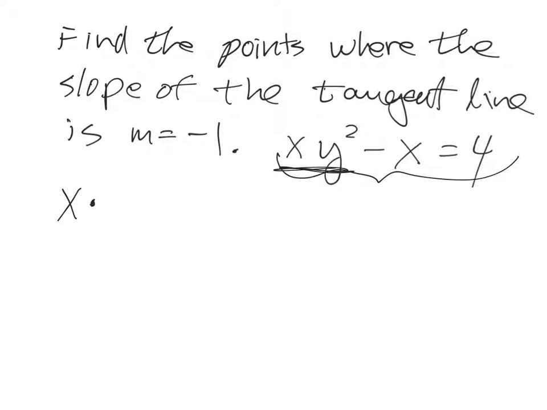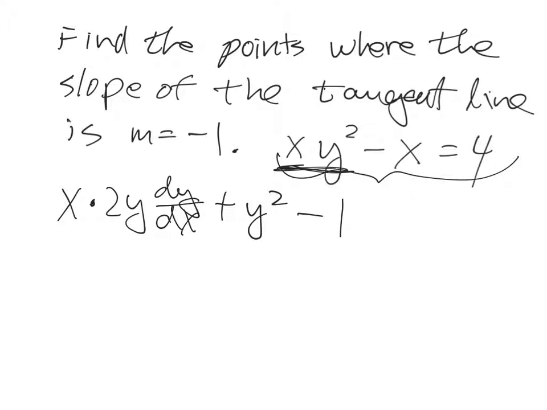So the first times the derivative of the second plus the second times the derivative of the first, which is just 1. And the derivative of x is just 1. The derivative of 4 is 0.